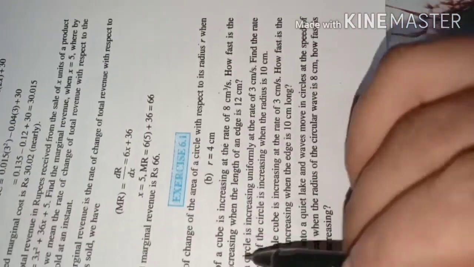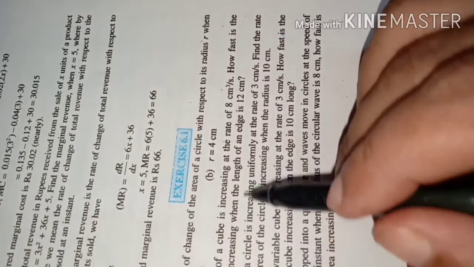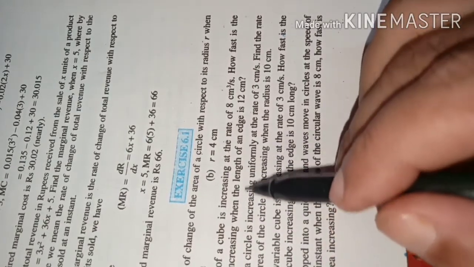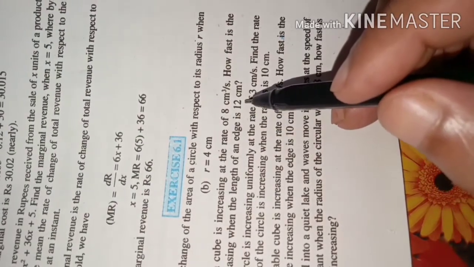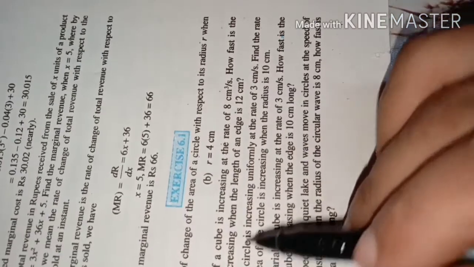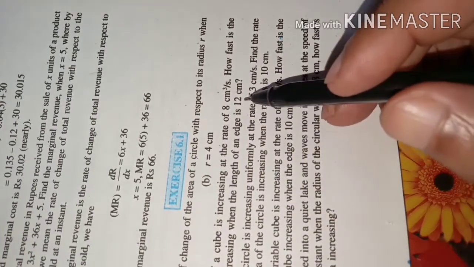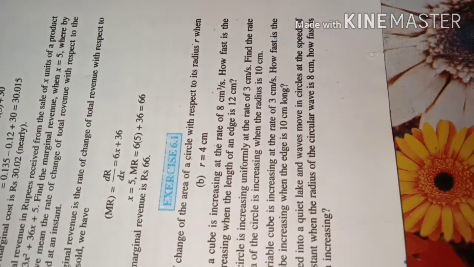What is the rate of change of surface area with respect to time when the edge is 12 centimeter? Here we have to put side x equal to 12 centimeter in the rate of change of area.